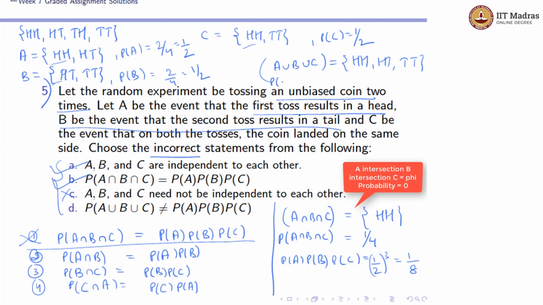So the probability of A union B union C is going to be 3 by 4, which is of course not equal to 1 by 8. So what is given here is probability of A union B union C is not equal to A into B into C. So this is a correct statement, so this option will not be true. So our correct options are A and B.